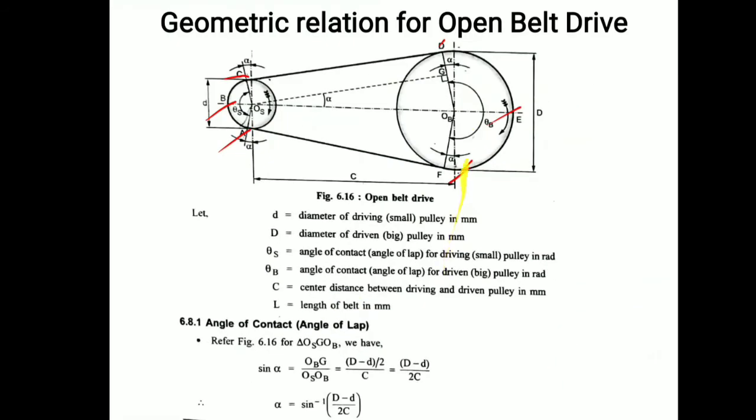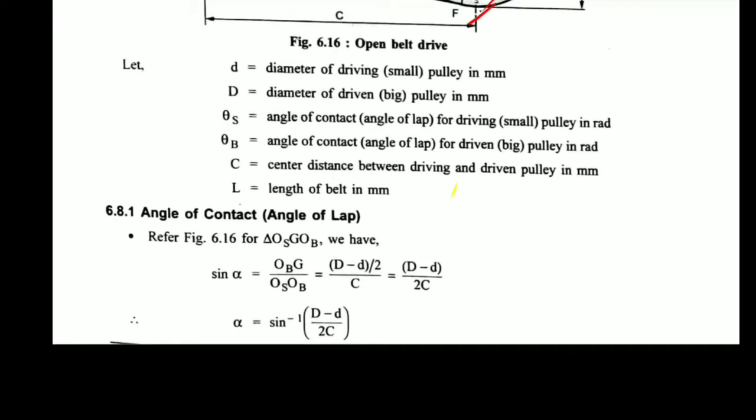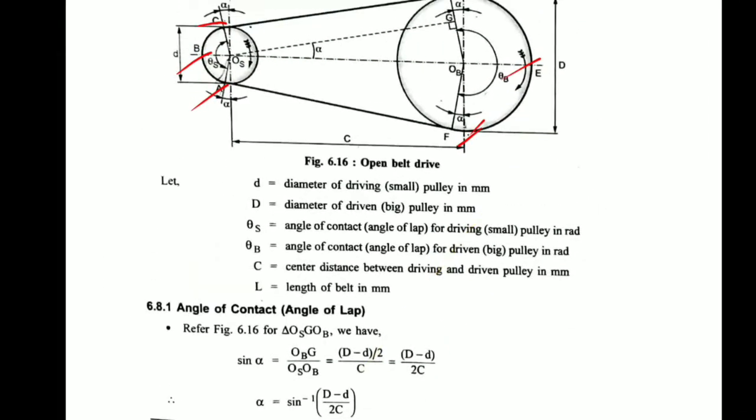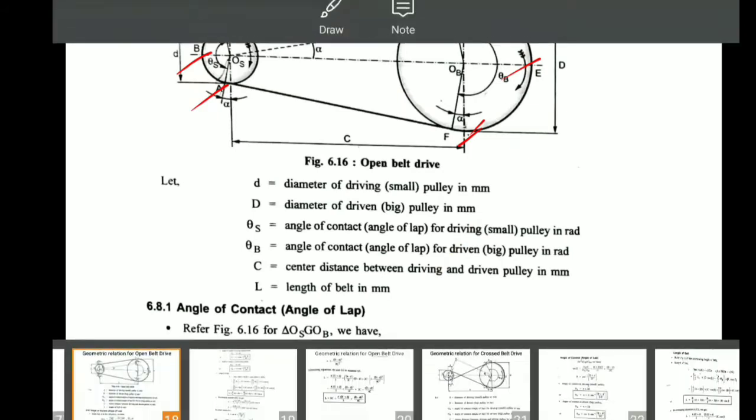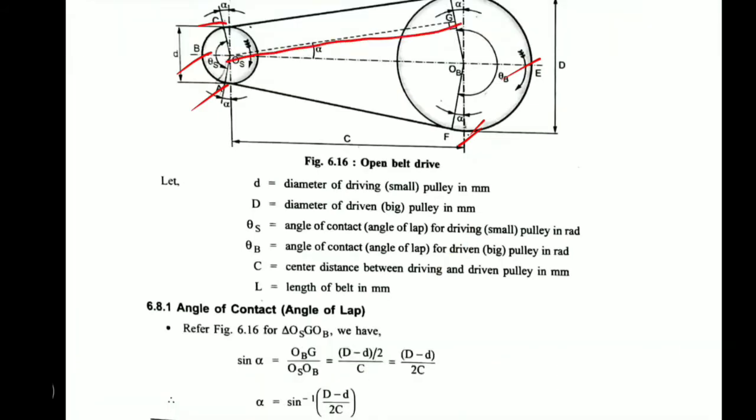You can see first from the figure, carefully, the triangle OSGB. This is the triangle we have considered. According to that triangle, I'll get the alpha value.